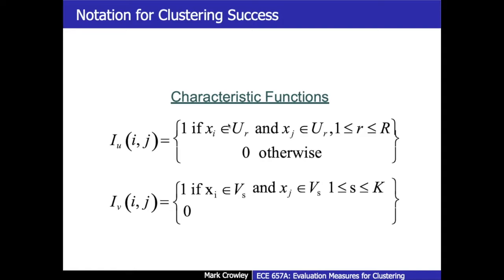So we need some notation to define these measures that we're going to define. We're going to define something called a characteristic function. And you could think of another thing that it gets called, especially in machine learning literature, is an indicator variable.